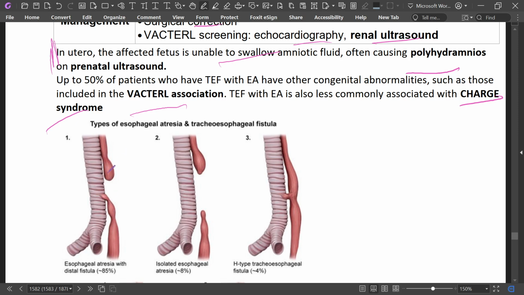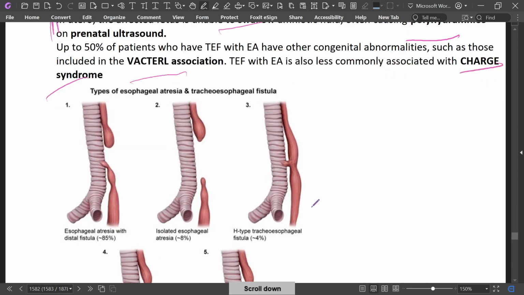This is trachea. This is esophagus. Trachea is divided into two parts, right or left bronchus. There is esophageal atresia with distal fistula. This is distal fistula. There is isolated esophageal atresia, no connection, and there is H type tracheoesophageal fistula.